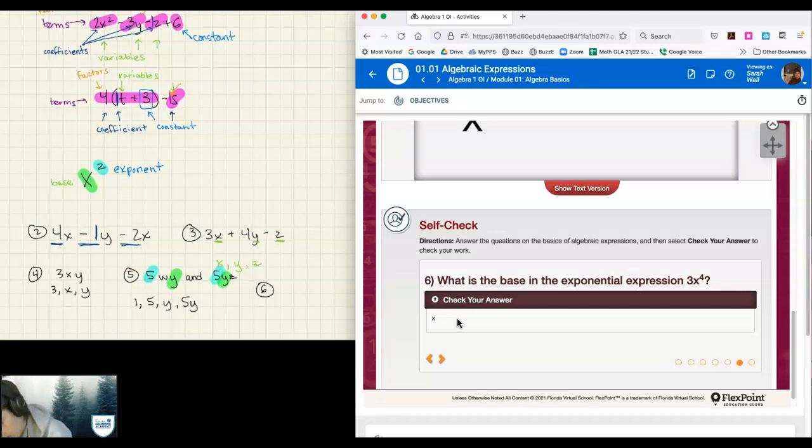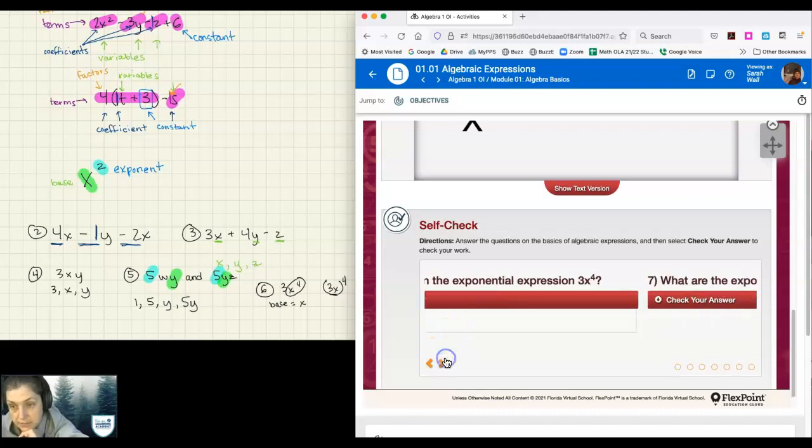So the reason that the base is only x is because the 4 is only the power of x. If you had parentheses around the 3x, then your base would be 3x. But because there are no parentheses, that exponent is not being distributed across the whole expression. It's only going to the power of x.